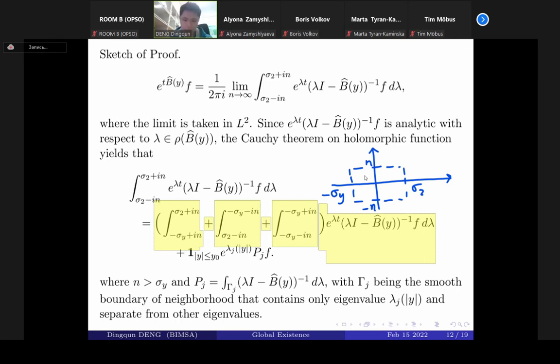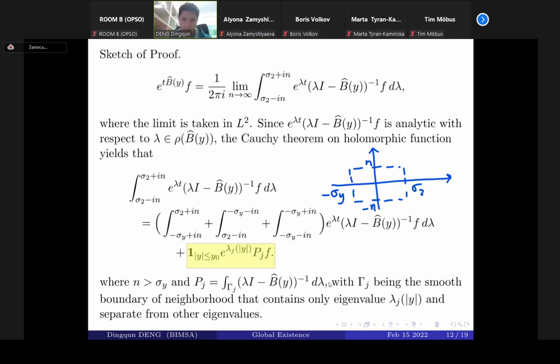Here PjF is the projection corresponding to the j-th eigenvalue, defined in this way, where gamma means the smooth boundary containing only these eigenvalues and separate from the others.